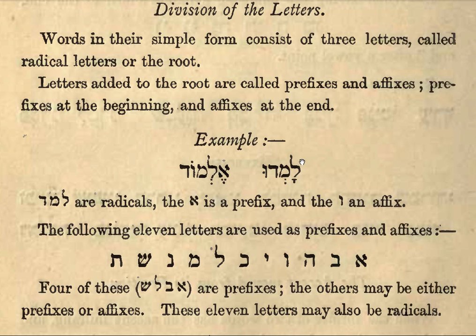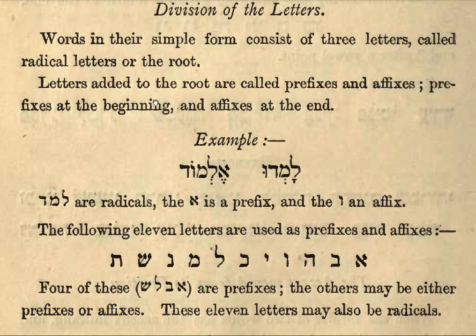Division of the letters. Words, in their simple form, consist of 3 letters, usually called radical letters, or the root, which is, of course, the Latin radix, which means root.